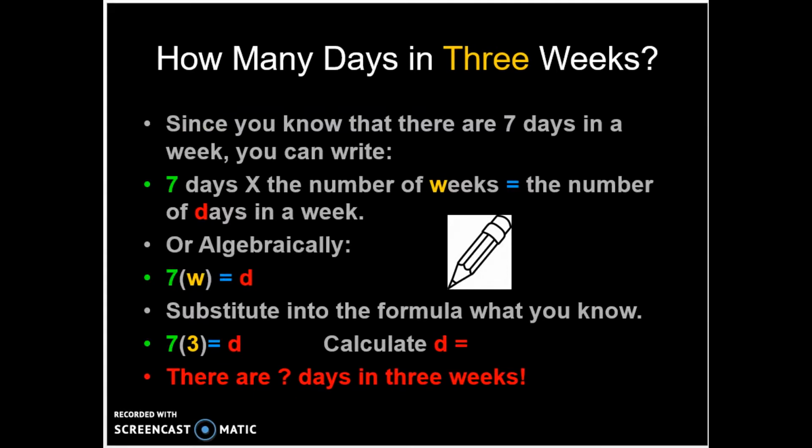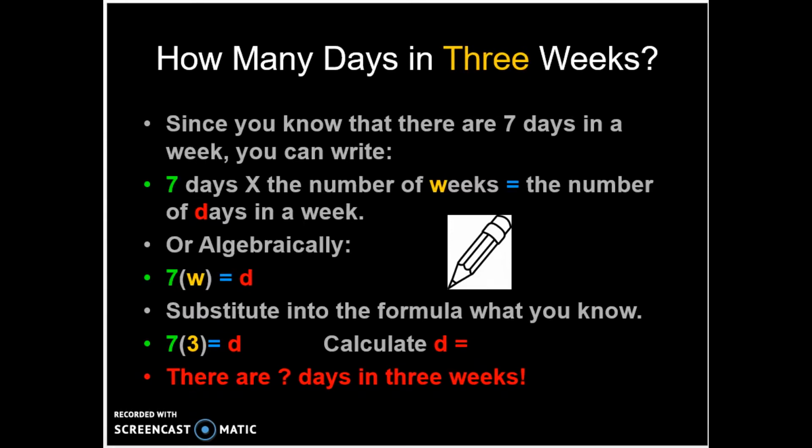Now that you know the answer to the basic concepts, how many days are in 3 weeks? Since you know there are 7 days in a week, you can write 7 days times the number of weeks.